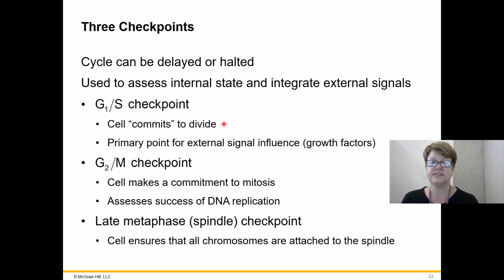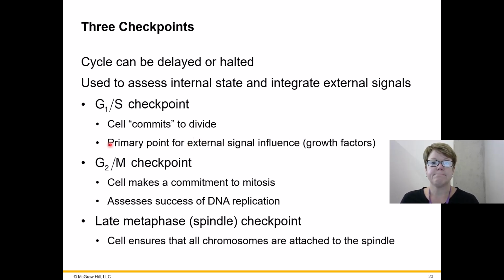Because in G1, a cell can decide not to divide and go into a phase called G0. So if a cell gets past this point, it's making a commitment to divide. This is where there are often signals from outside the cell called growth factors that are required to make the cell choose to divide. But a lot of cells will go into G0, where they're just living, not dividing.